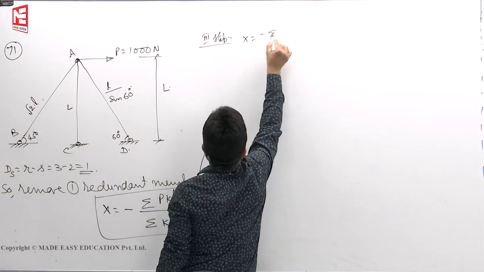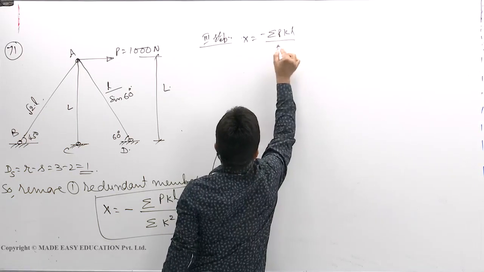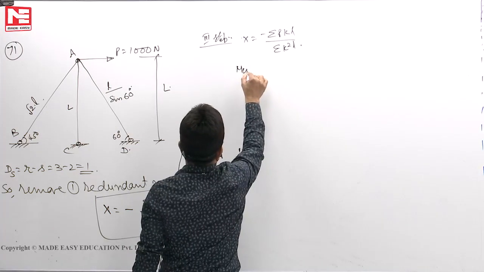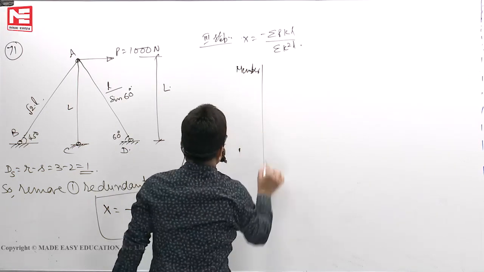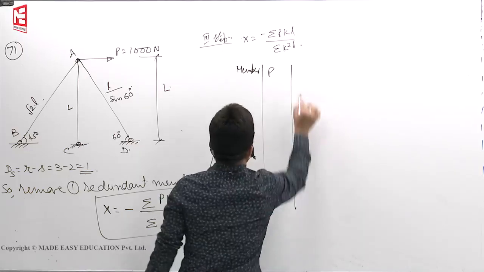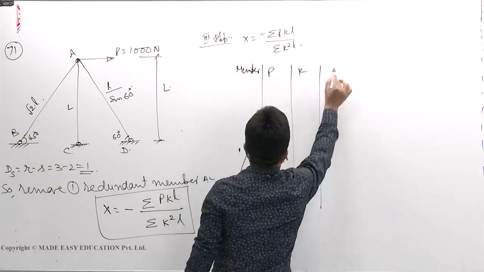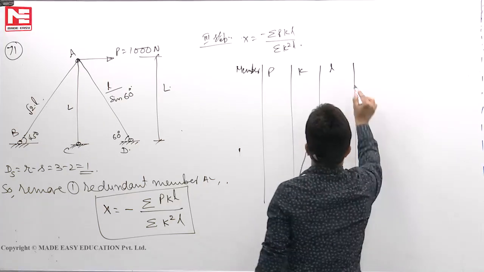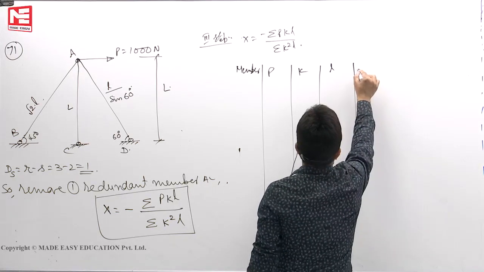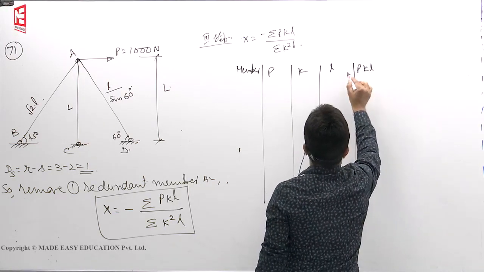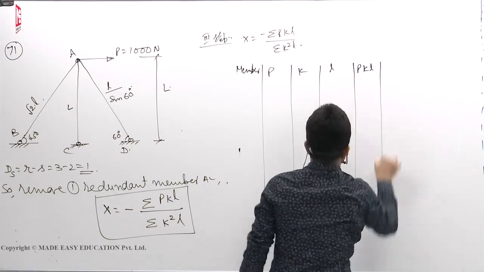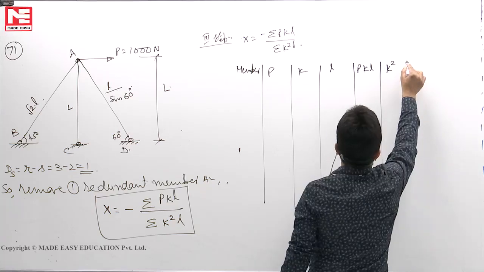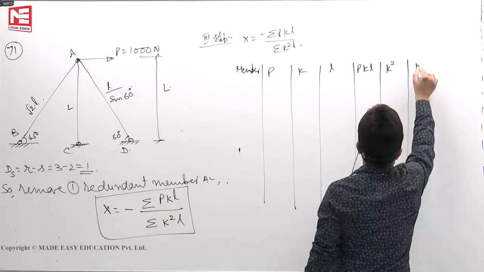X is equal to minus summation of PKL by summation of K square L. Member, P, K, L, PKL, you will get it. Then K square, then K square L.